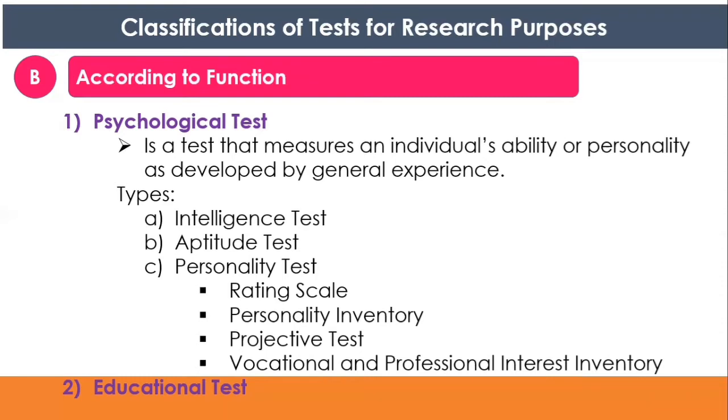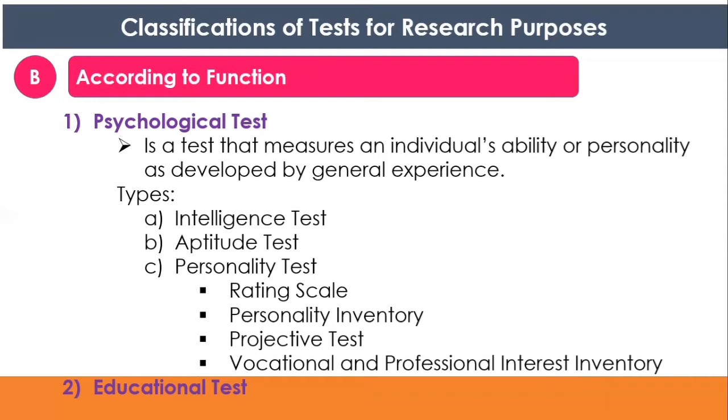And also we have the vocational and professional interest inventory. If we say vocational and professional interest inventory, this is a test used to determine the extent to which a person's likes and dislikes relate to a given vocation or profession.